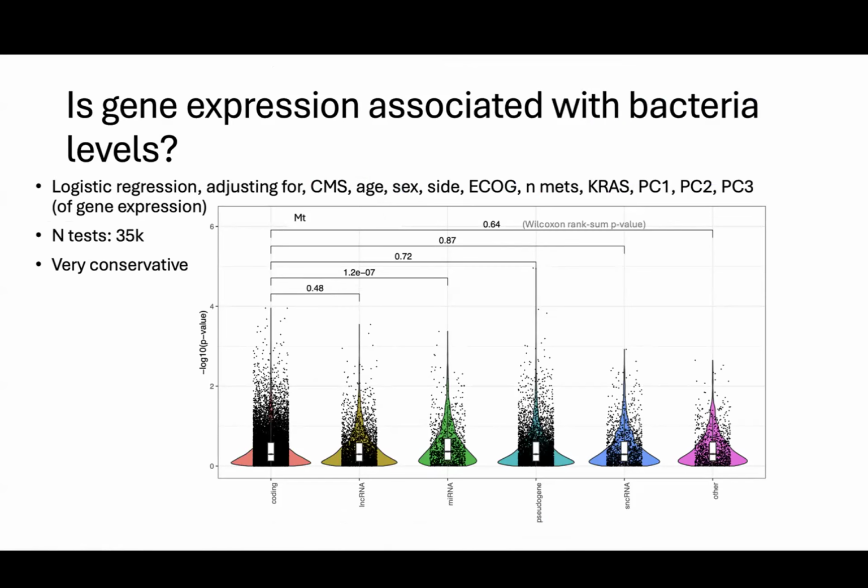Okay, I'll just wrap up. We looked at gene expression as well, relating the microbiota to gene expression. And what we found here is a significant difference in the distribution of p-values between the associations with microRNA and coding genes, suggesting that this particular taxon, the MT, may affect microRNA levels, which are regulatory in a cell.